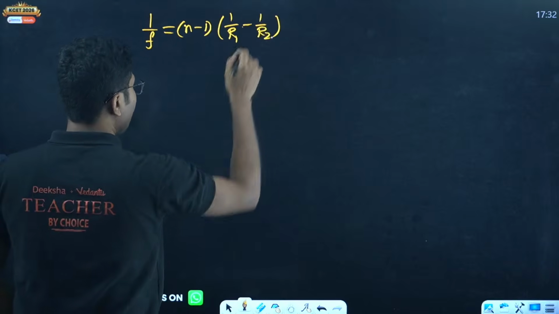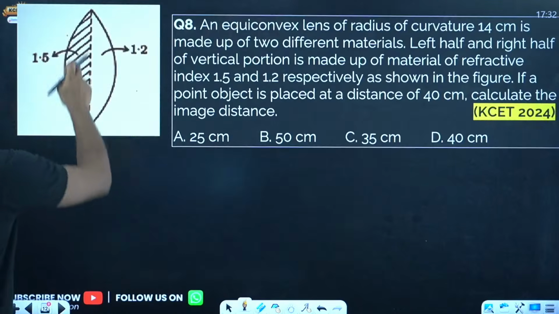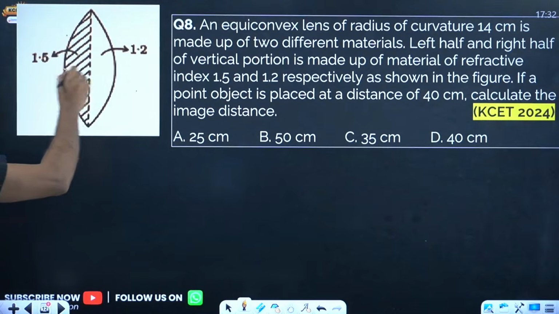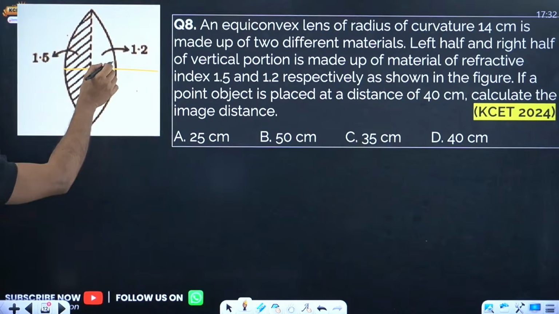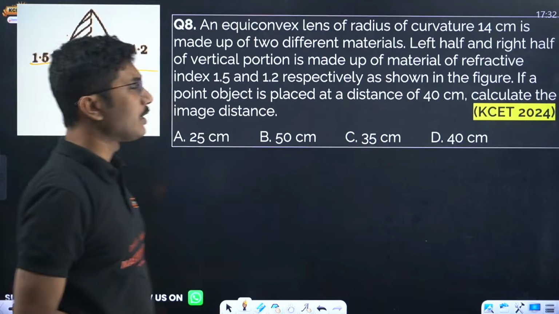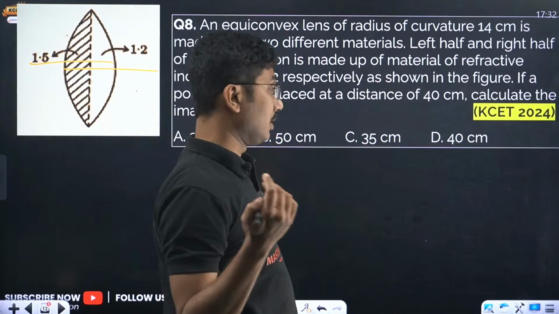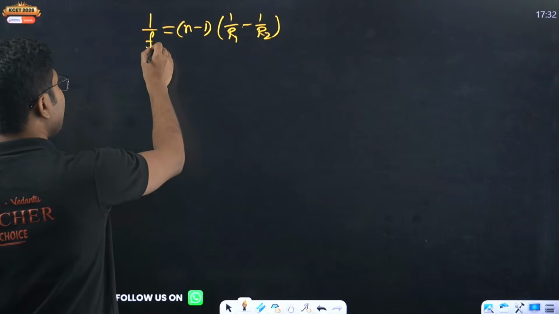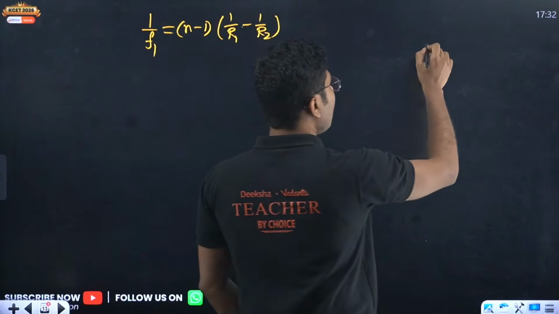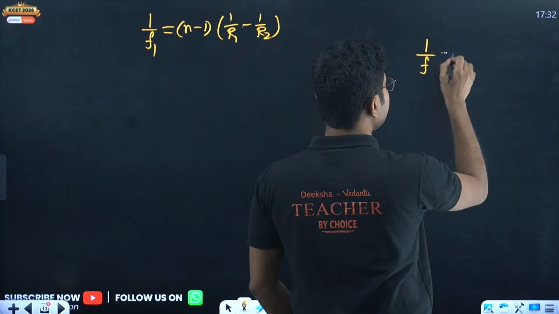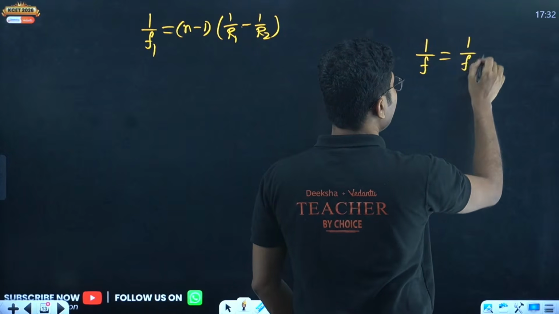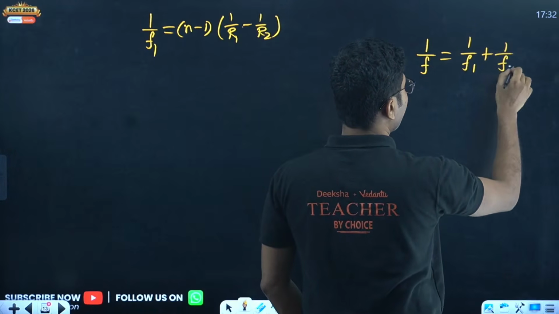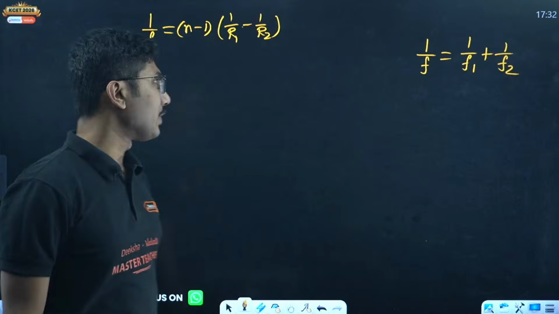Here both surfaces have the same radius of curvature. This one is positive, this one is negative. So we will calculate both sides' focal lengths, and then because they are in contact, the total focal length is 1 by f1 plus 1 by f2. This is how we should find the total focal length.